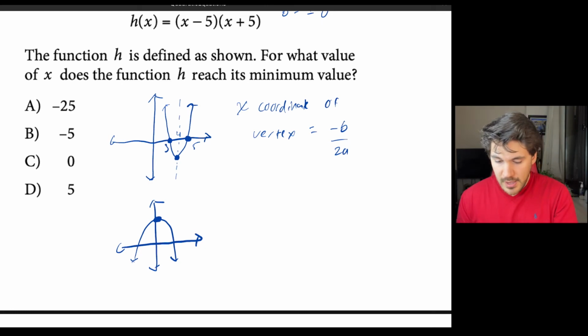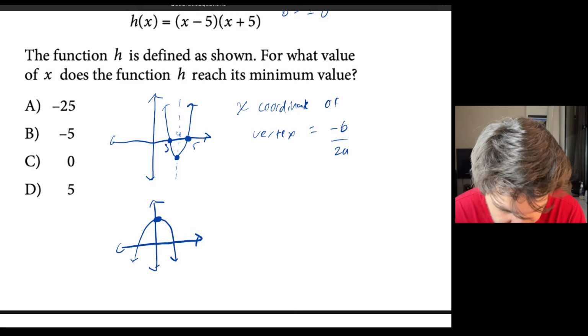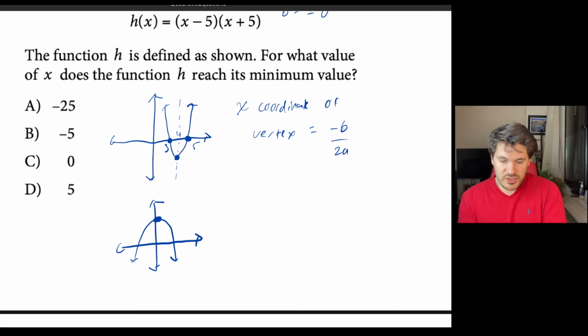So the question is, for what value of x does the function h reach its minimum value? We could do this in two ways. One way is we know what the zeros are already, because they told us we've got x minus 5 times x plus 5.